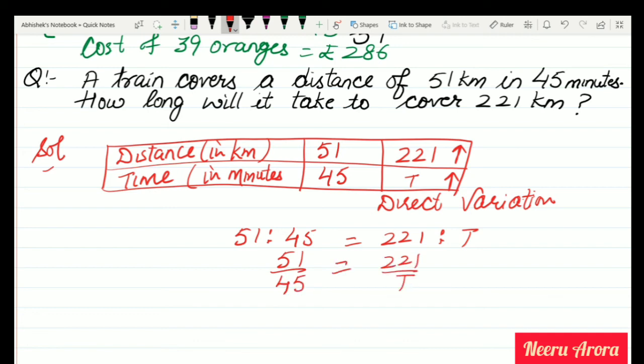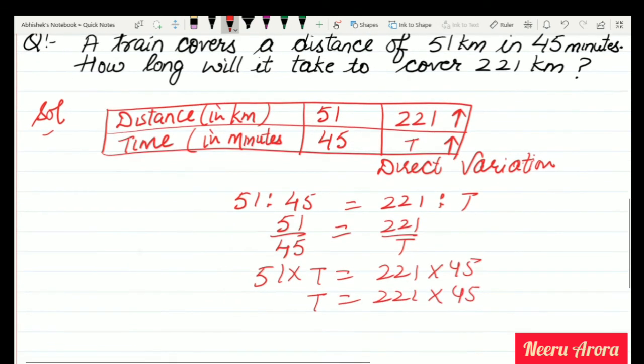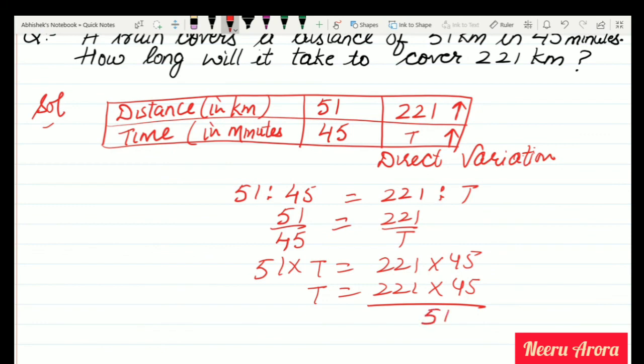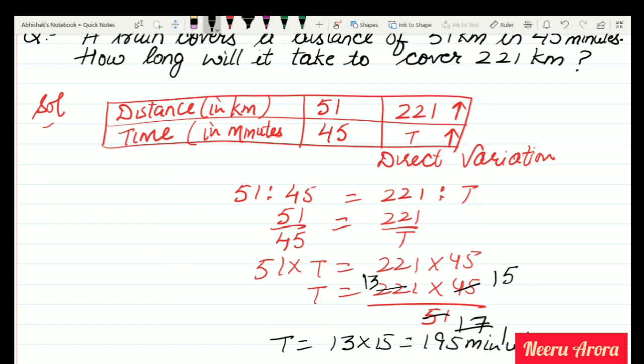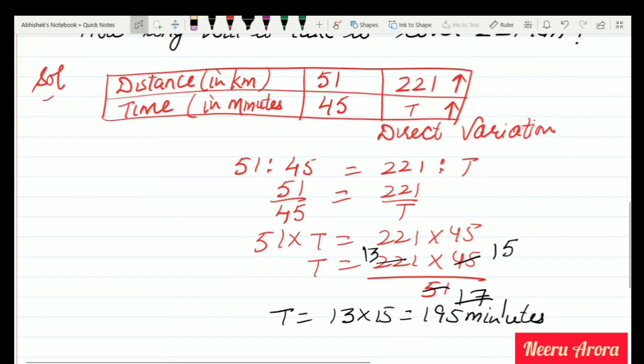221 upon T. Let's do the cross multiplication. T is equal to 221 into 45 upon 51. Both these numbers are divisible by 3. Here it is 15, here it is 17. 17 ones are 17 and 17 threes are 51. So we get 13 into 15, that is equal to 195 minutes. Let's convert this into hours.